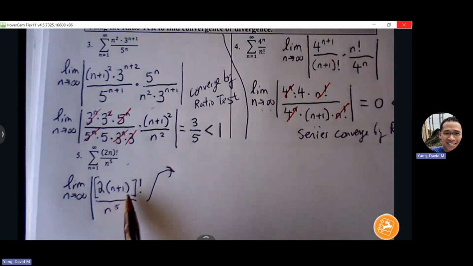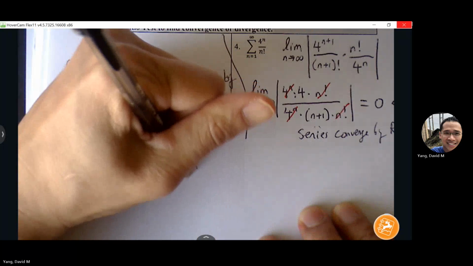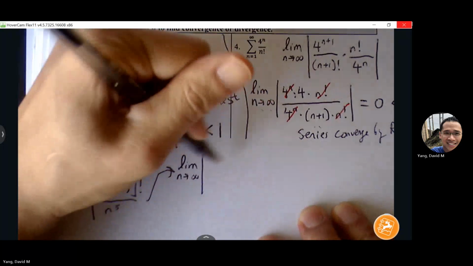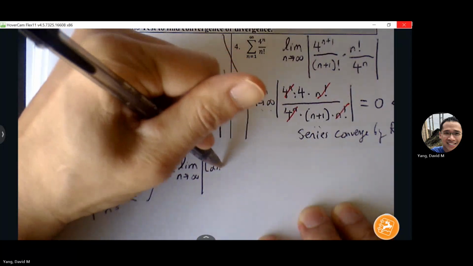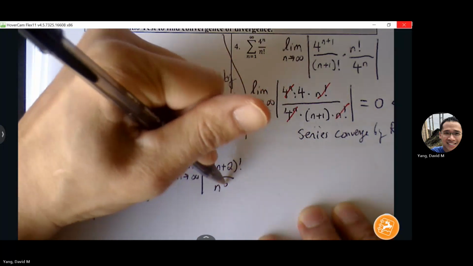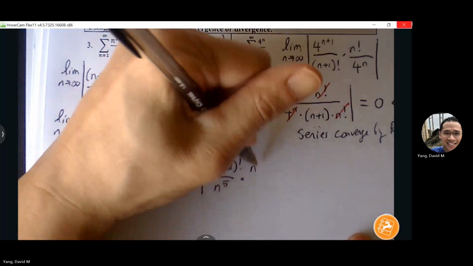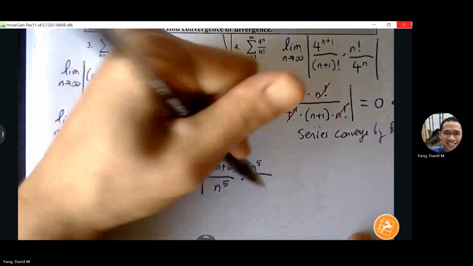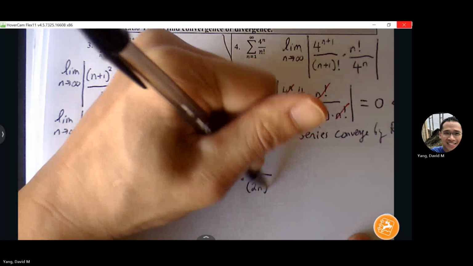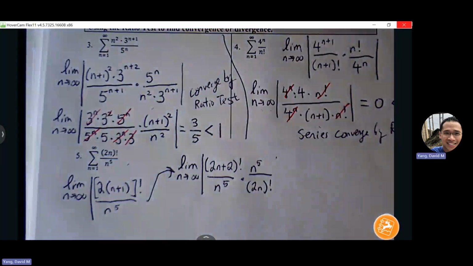So 2n plus 1 is really 2n plus 2 in parentheses factorial, right? So I'm going to write it that way here. Times the reciprocal of my a sub n. Oh, darn, you're right. Thank you.